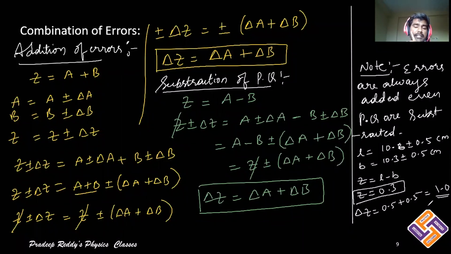But remember, errors will not decrease, errors will not become 0. Errors can be somehow minimized in the experiment itself by taking trial values and taking the average, you can minimize them, but you cannot make it 0. Therefore, even though you are subtracting the physical quantities, definitely you should add the errors. Don't ever subtract the errors.